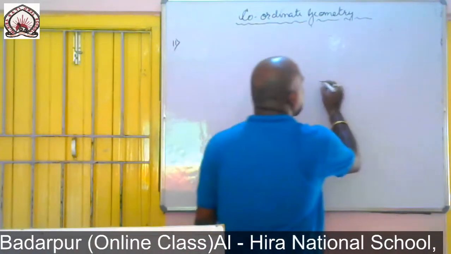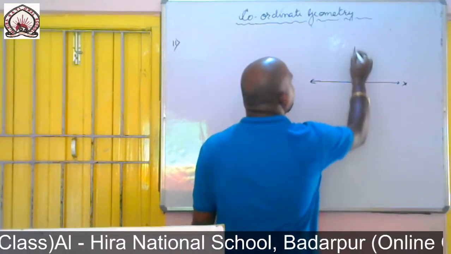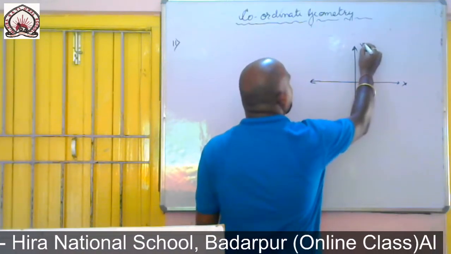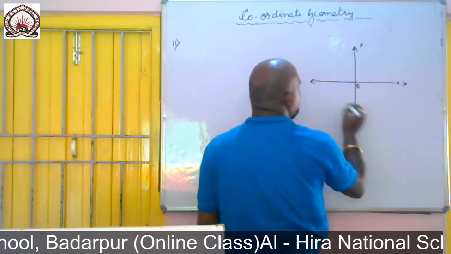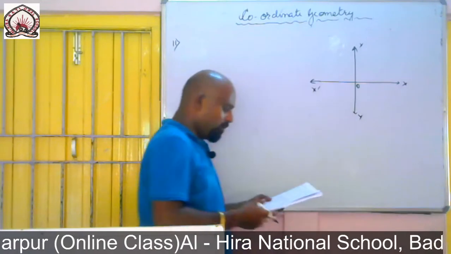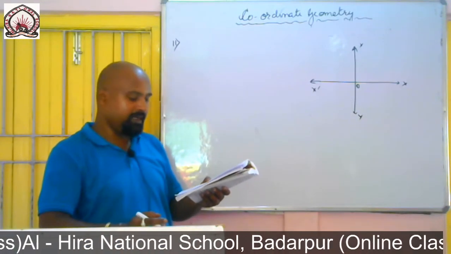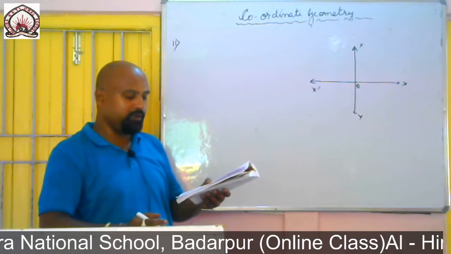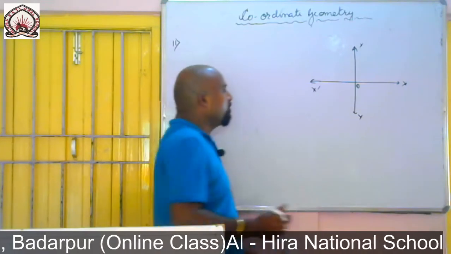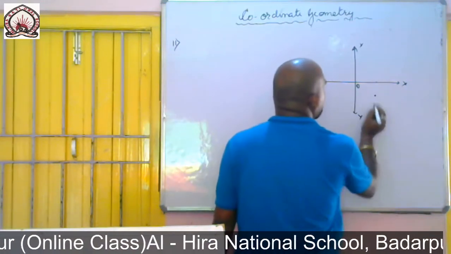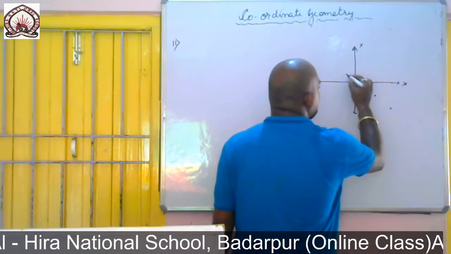Now let us consider this is y, y dash, and this is x, x dash. The angle made by the x-axis and the line joining the points 3 comma minus 1 and 4 comma minus 2. Let us consider this is the line.